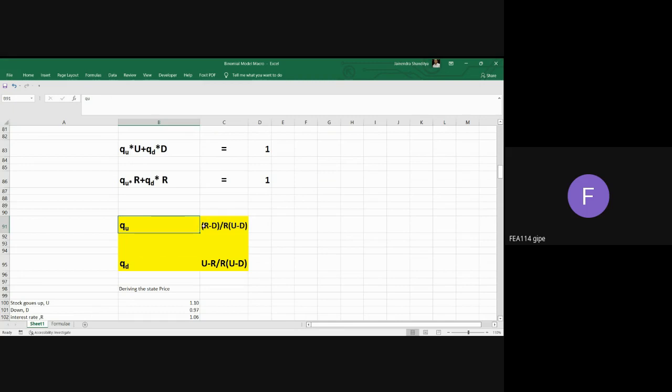Here and after, you just need to memorize the two. If you memorize these two values of QU and QD, which are the price of the option in the up state and the price of the option in the down state, then you are done with almost 95% of the model. So all you need to do is to memorize QU and QD.